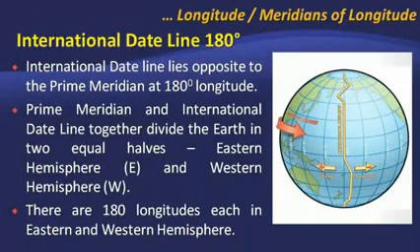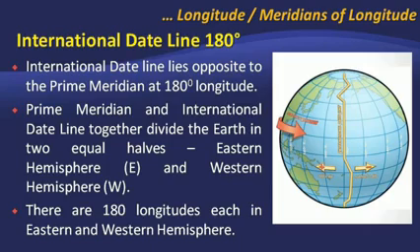Another important meridian of longitude is the international dateline. The international dateline lies opposite to the prime meridian at 180 degree longitude. The prime meridian and international dateline together divide the earth into two equal halves.